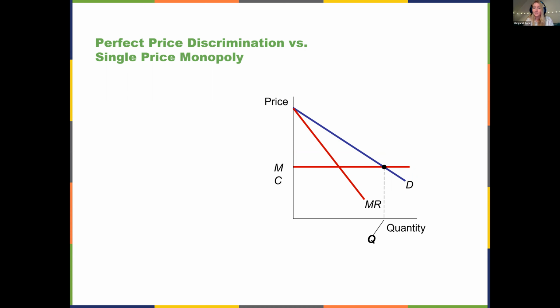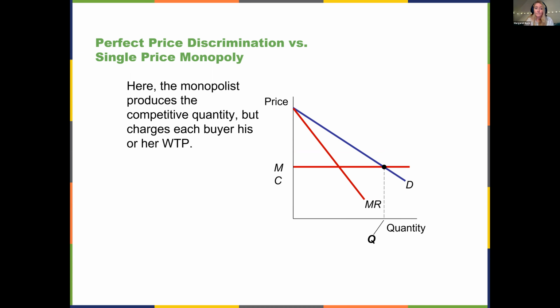Now what happens if the monopolist is able to perfectly price discriminate? So if the monopolist is able to perfectly price discriminate, in other words, know every single customer's exact willingness to pay, there now becomes an incentive for the monopolist to produce more of the product, right?